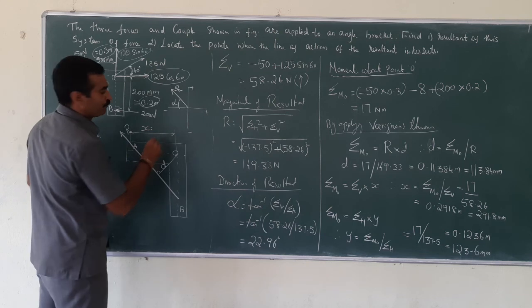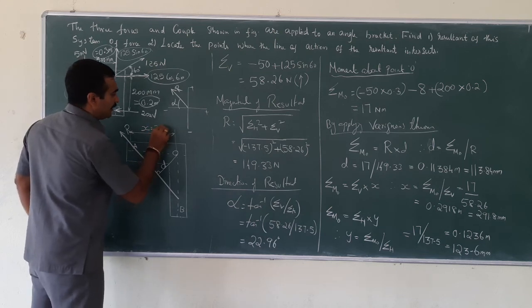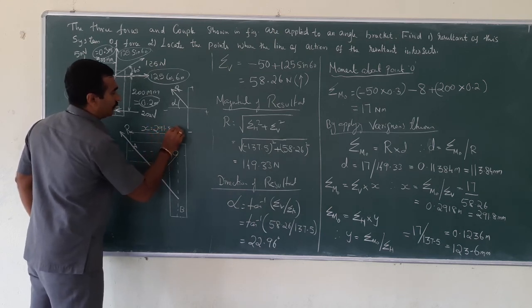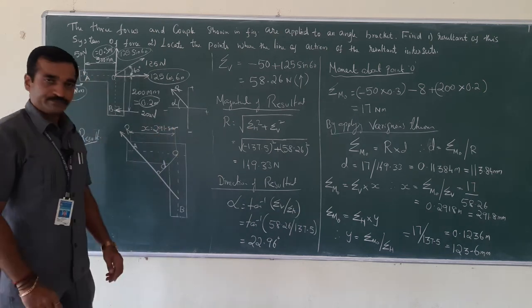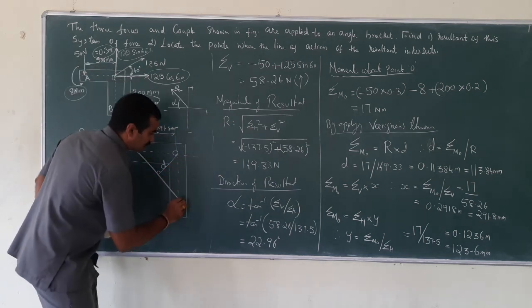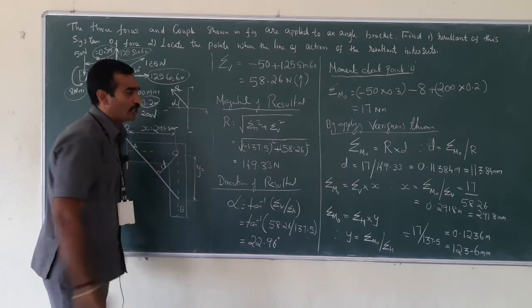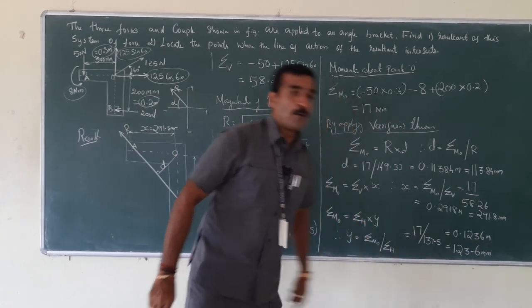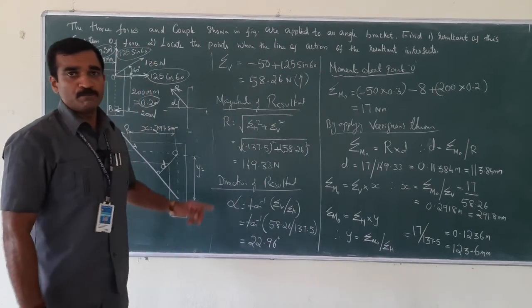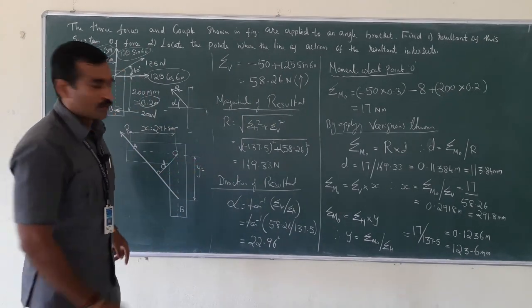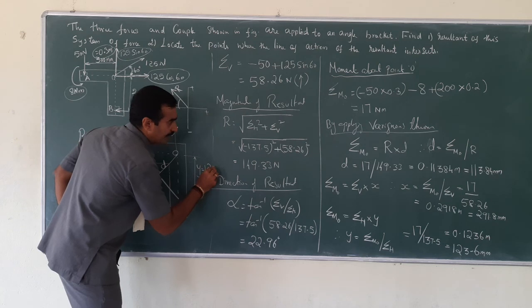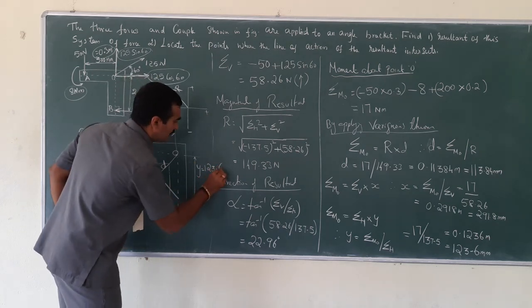The x value is 291.88 mm approximately. Right? And what about its y distance? The y distance could be y is equal to 123.6 mm from the point O.